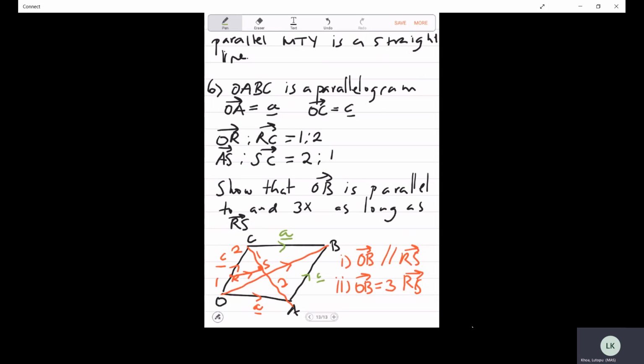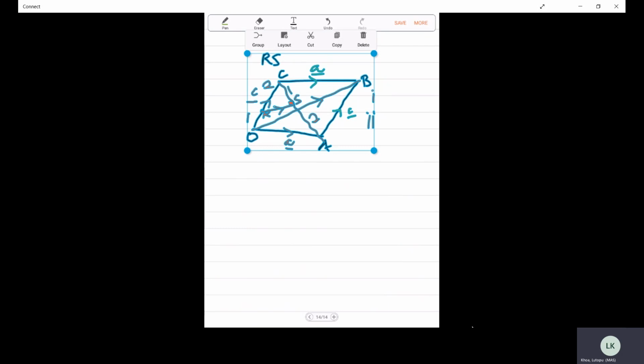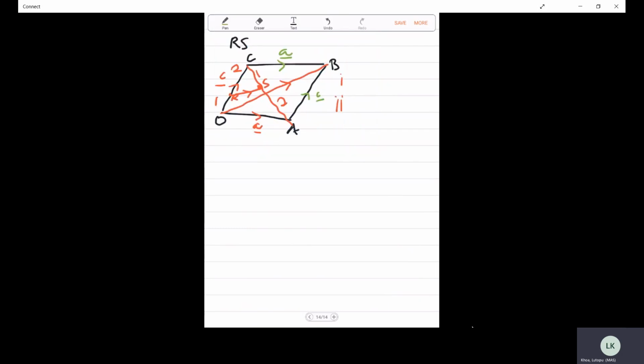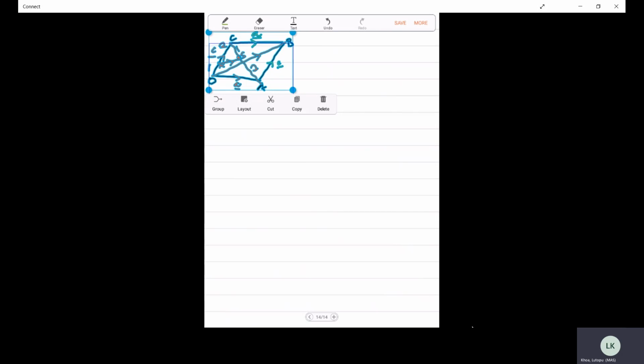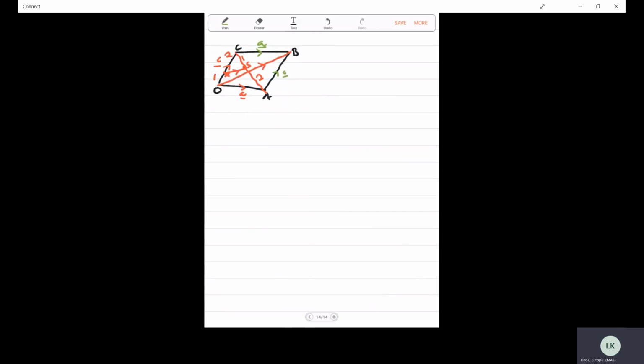Okay, I think I should copy the diagram so I don't have to move between pages. Just want to make it smaller.